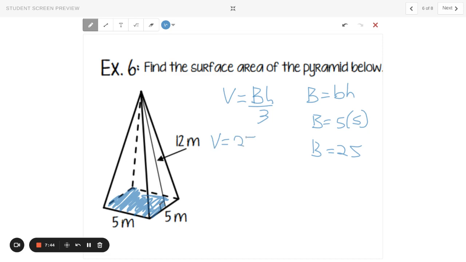So big B is 25 times 12, because that's the height of the pyramid, all divided by 3. When you multiply and then divide by 3, you get 100. 100 meters cubed.